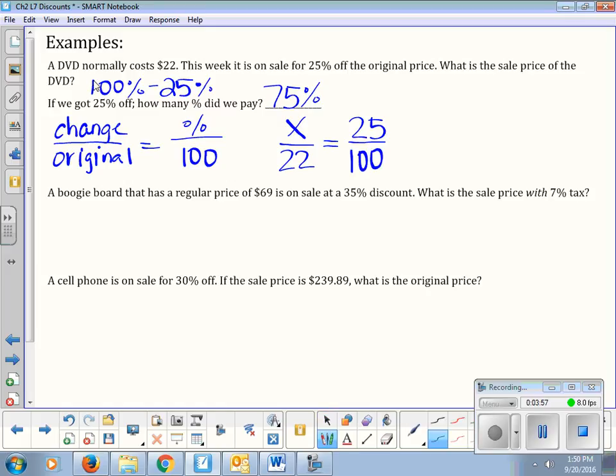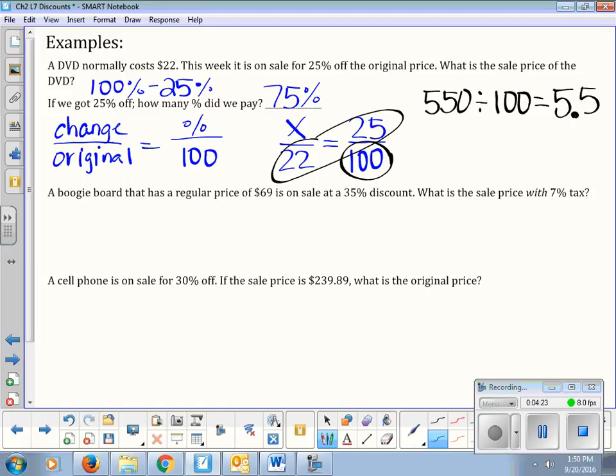So we're going to multiply the two numbers we know how to multiply. 22 times 25 gives us 550. And we have to do what with our leftover number? Divide, and we get 5.5 or $5.50. What does this $5.50 represent?